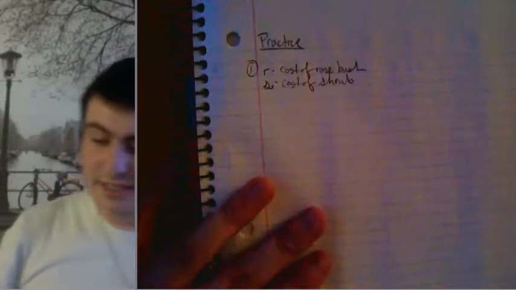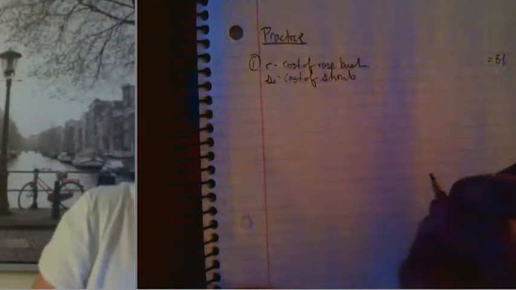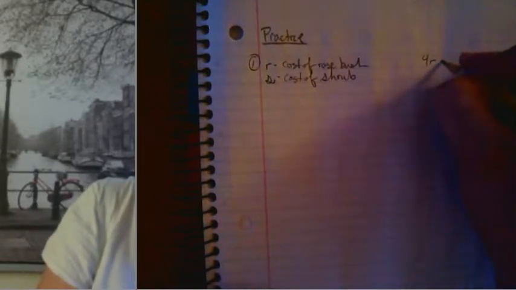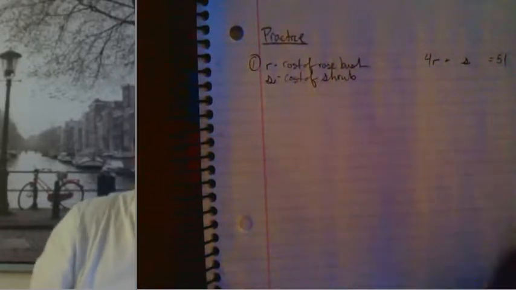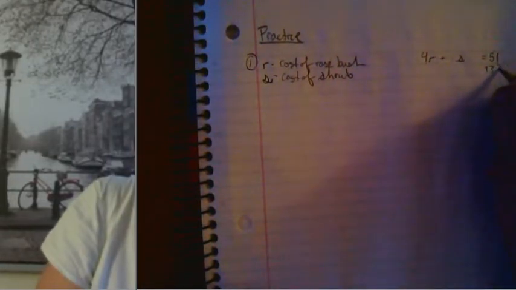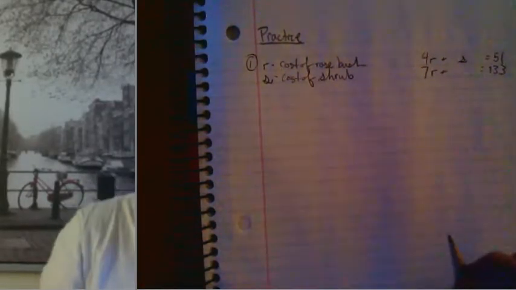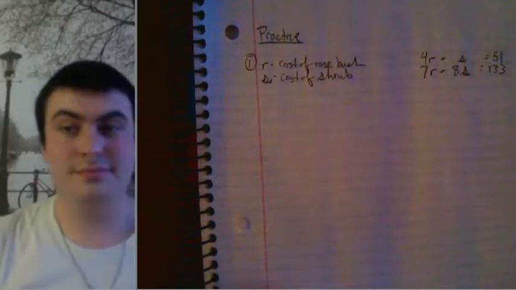So let's see, Jill spent $51, so her total is going to equal $51 on 4 rose bushes and 1 shrub. Shanice spent $133 on 7 rose bushes and 8 shrubs.